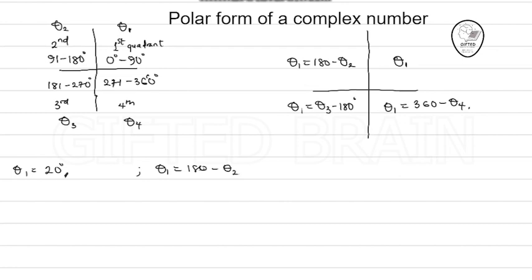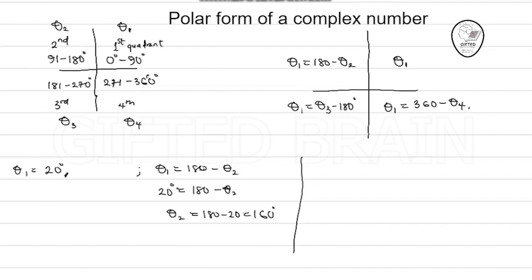Since theta 1 is 20 degree and I want to get theta 2, theta 2 is 180 minus 20, that's 160. So the equivalent of 20 degree on the first quadrant is 160 on the second quadrant.